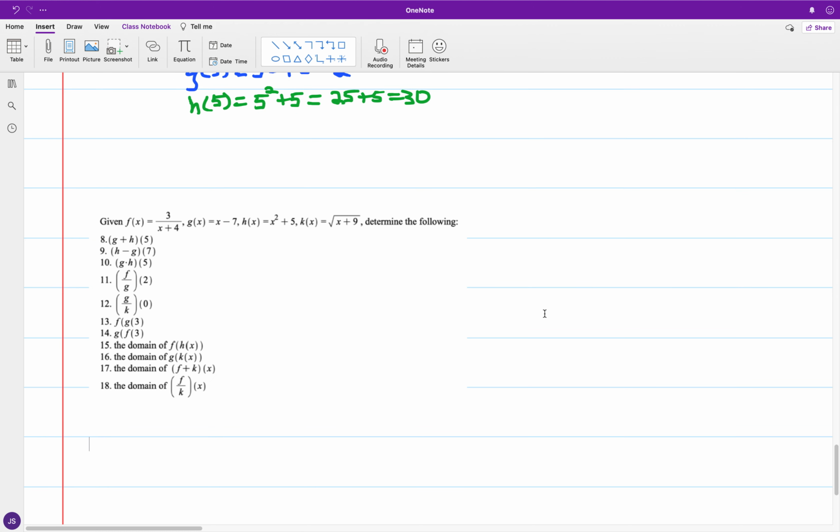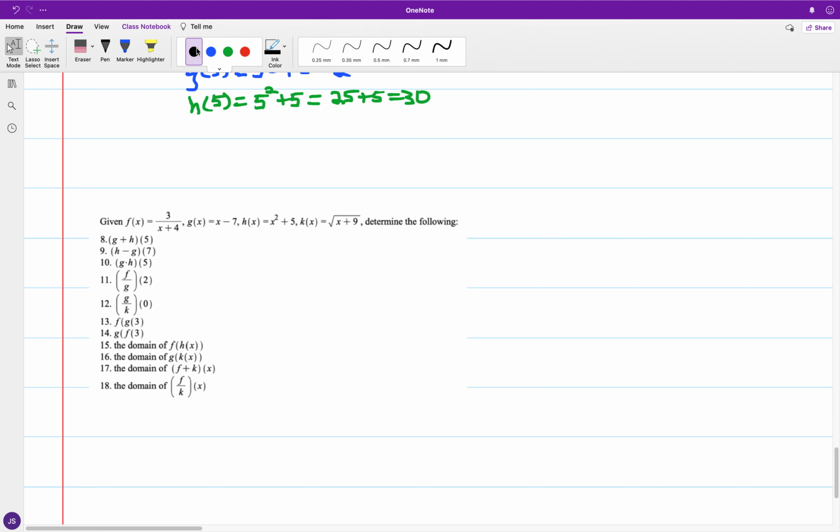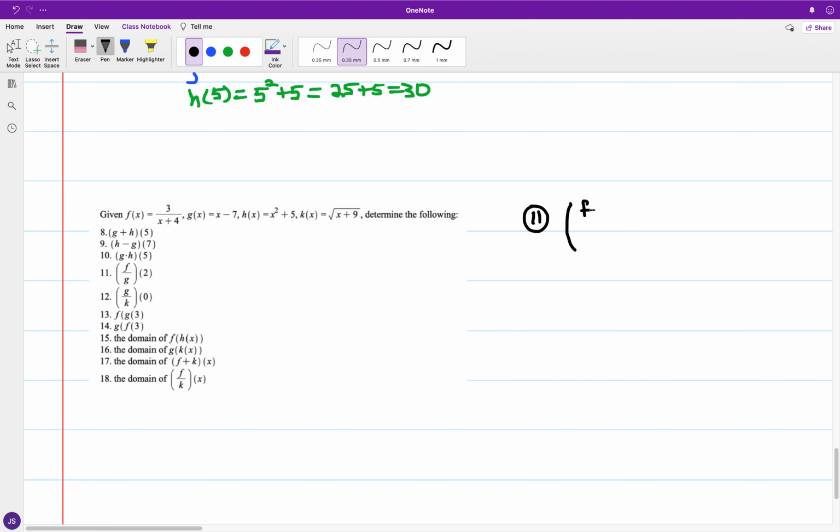So for f over g of 2, that's going to be equal to f of 2 over g of 2.